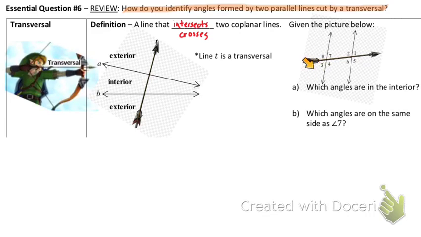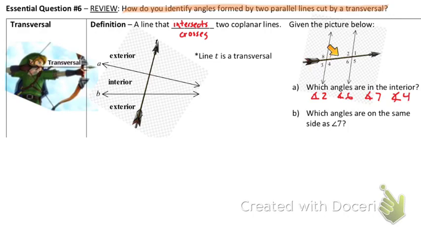So in question A, it says, which angles are in the interior? So the angles on the inside are the inside of the two lines that are being crossed. So if you look, we have these two lines. The angles that are inside the two lines are 2, 6, 7, and 4. So angle 2, angle 6, angle 7, and angle 4.